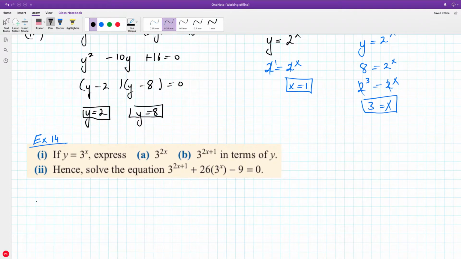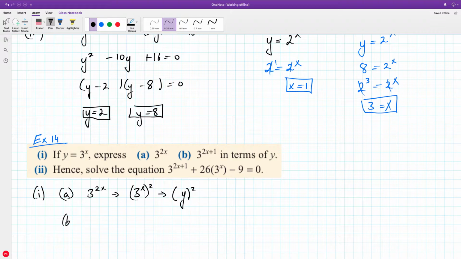So, part I, part A, 3 to the power 2x can be written as 3 to the power of x, all squared, which is y squared.